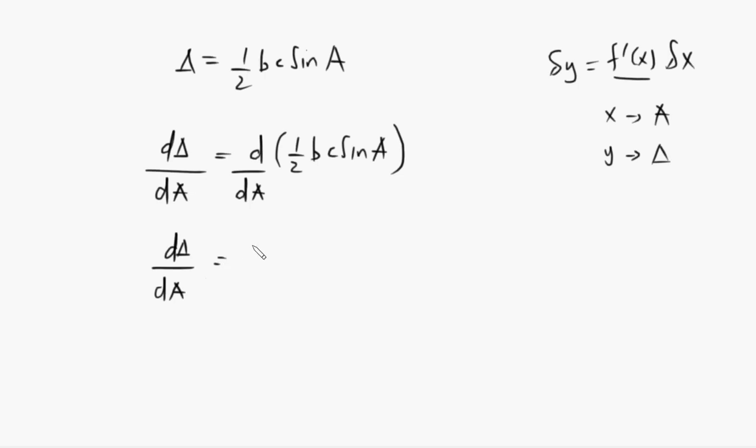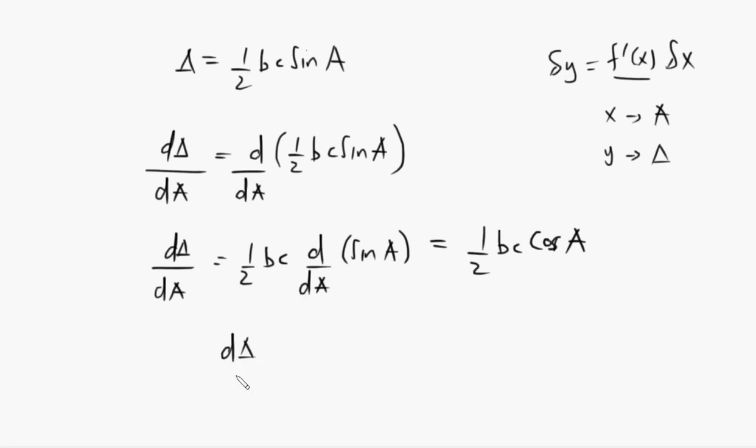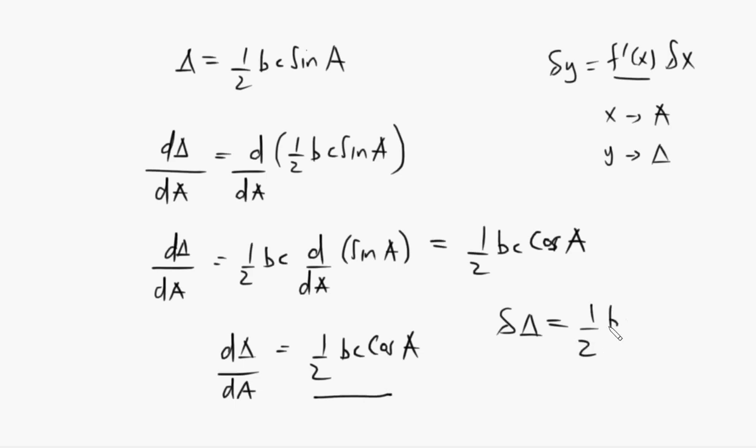This is equal to 1/2 BC, and I'm left with d over dA of sine A. When I differentiate sine A, what do I get? We learned before that it is cos A. So d of the area over dA is equal to 1/2 BC cos A. If I want to write it in the formula, delta of the area is equal to f dash x, which is now 1/2 BC cos A, times delta of x, where x is now A.